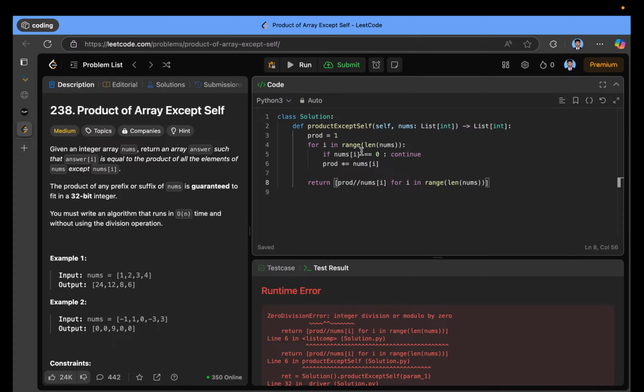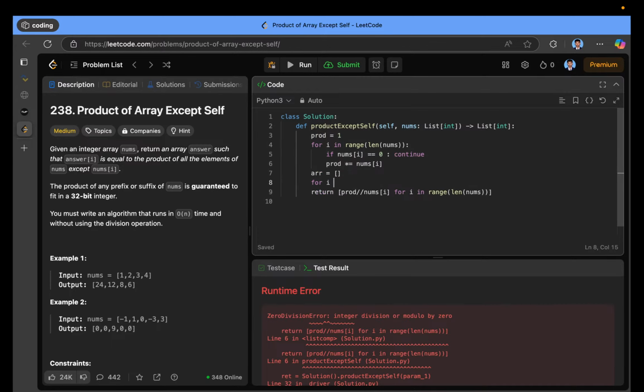Okay, now the one liner doesn't work. I have to write the whole code now. So, what should I do? arr, array, for i in range length of nums.